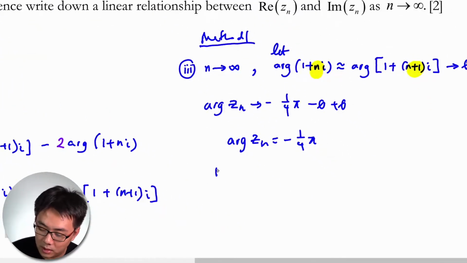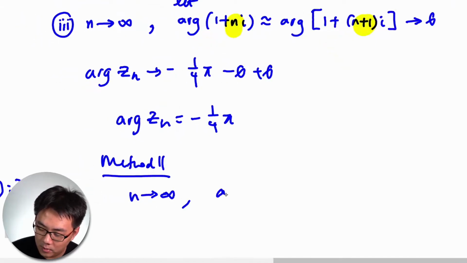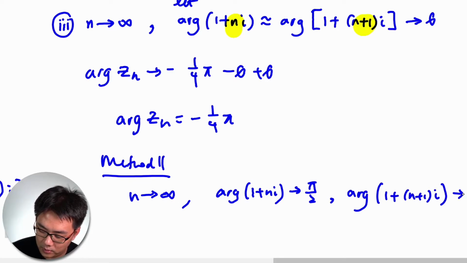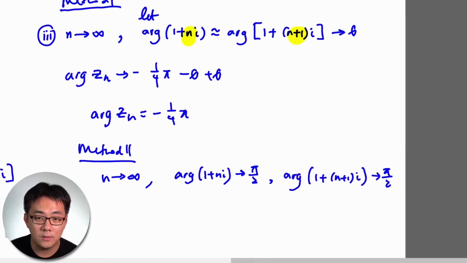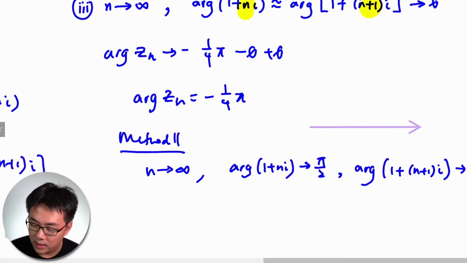Method 2 is actually the same idea. If n goes to infinity, argument of 1 plus ni will just go to pi over 2. Argument of 1 plus (n plus 1)i also goes to pi over 2, because they tend to infinity in such a way that the 1 is so small, it will just be a vertical line.